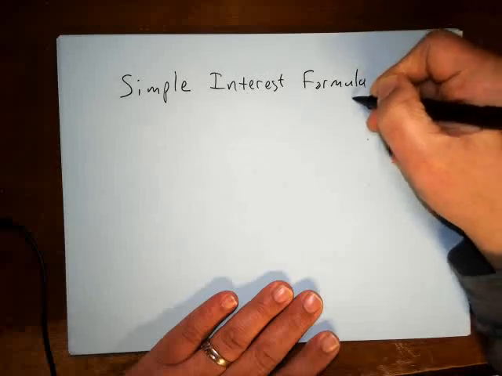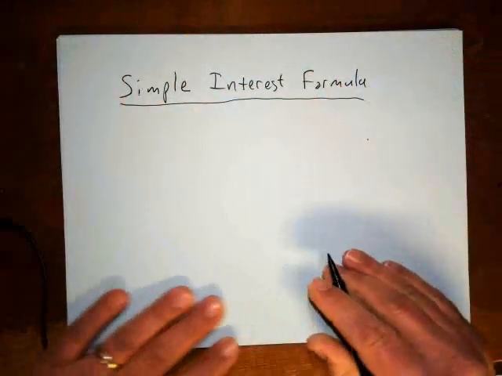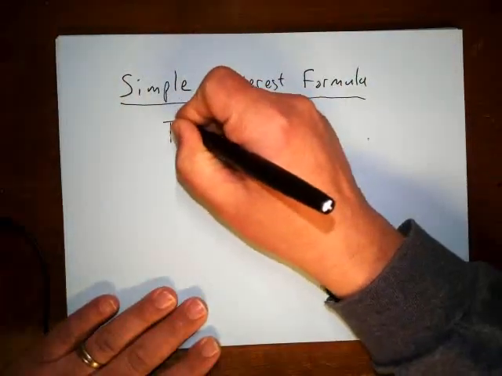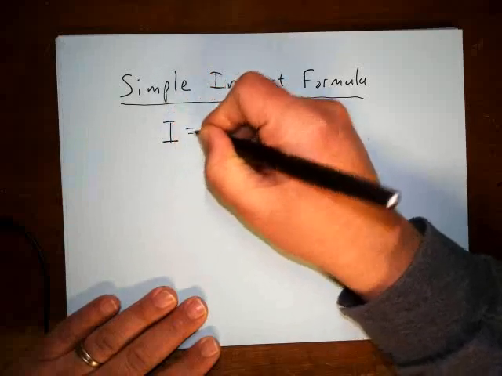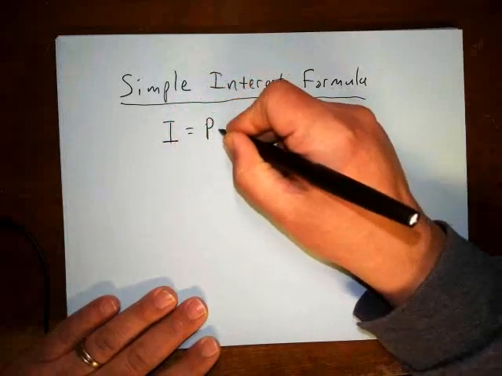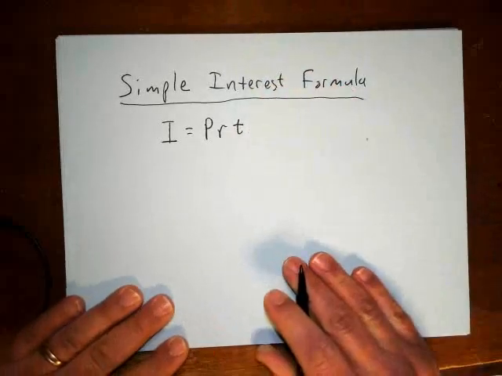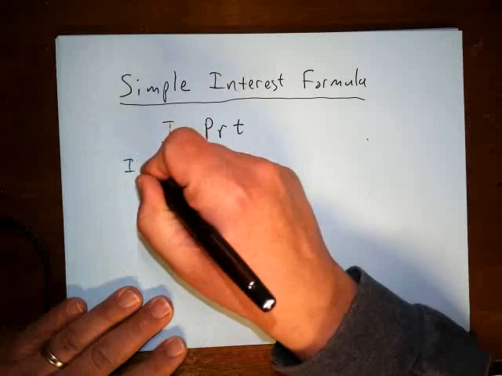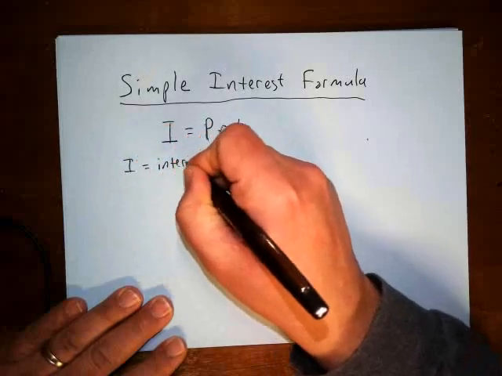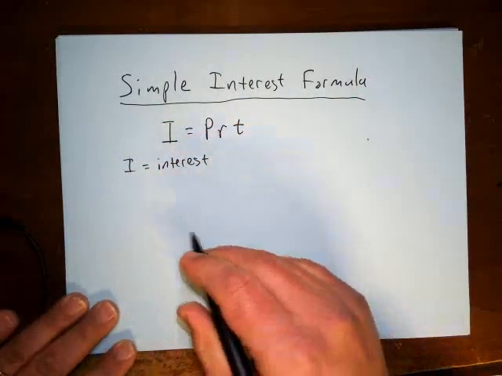Okay. So the simple interest formula says the amount of interest that you owe on a loan is equal to the principal times the rate times the time. Okay, so I here is the interest that you owe on the loan.